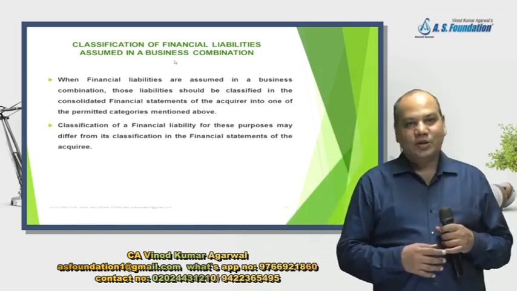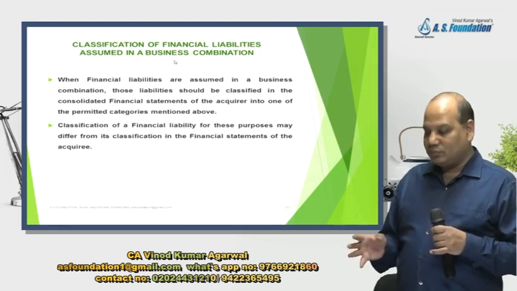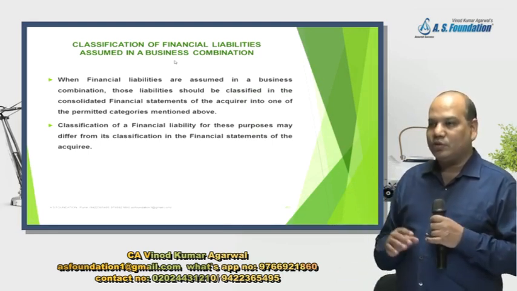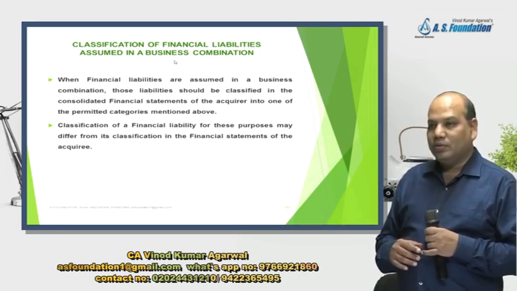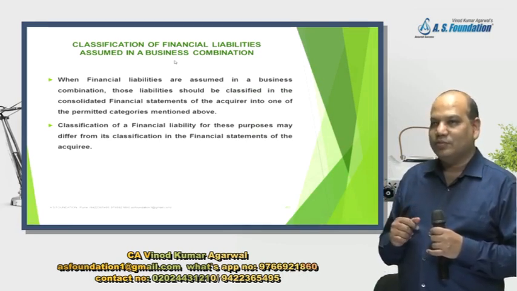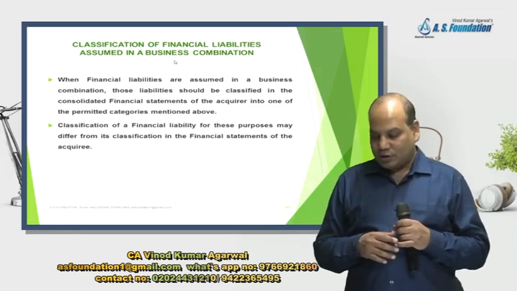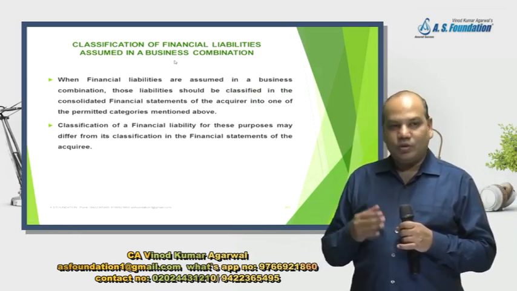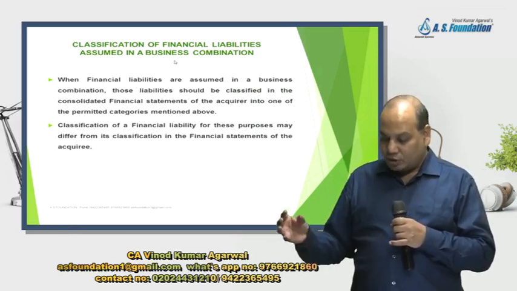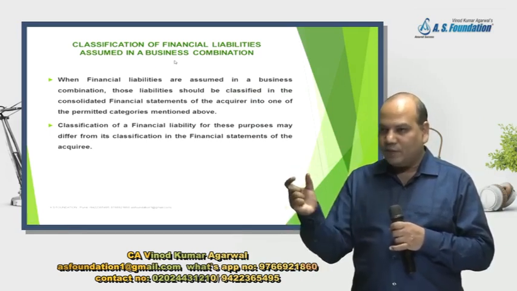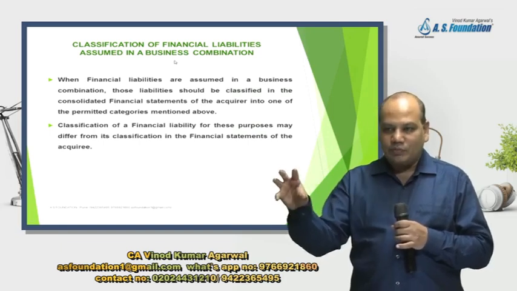Now we'll come to business combination. Simple. Apply Ind AS 103. Now in business combination, there are two parties. Acquirer, acquiree. The one who acquires the business of the other entity is acquirer. Now what they are trying to say, I'll just simplify it right now, not very important.